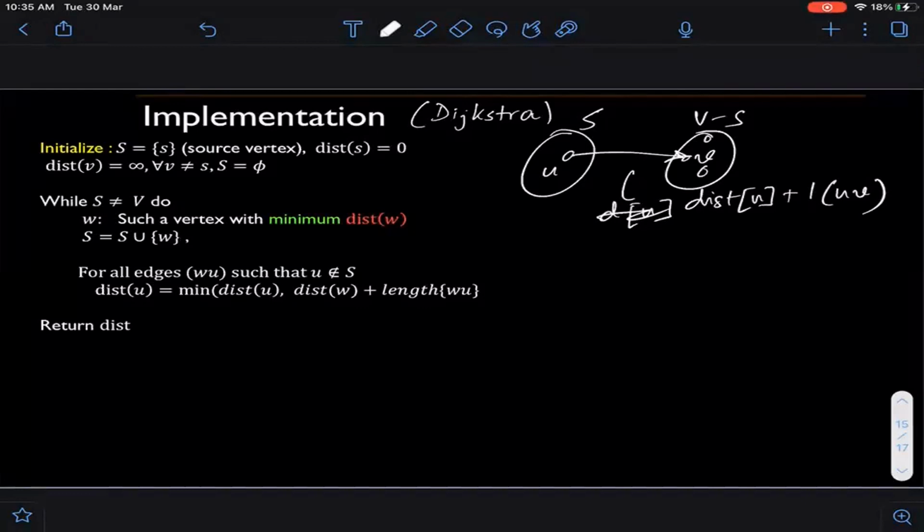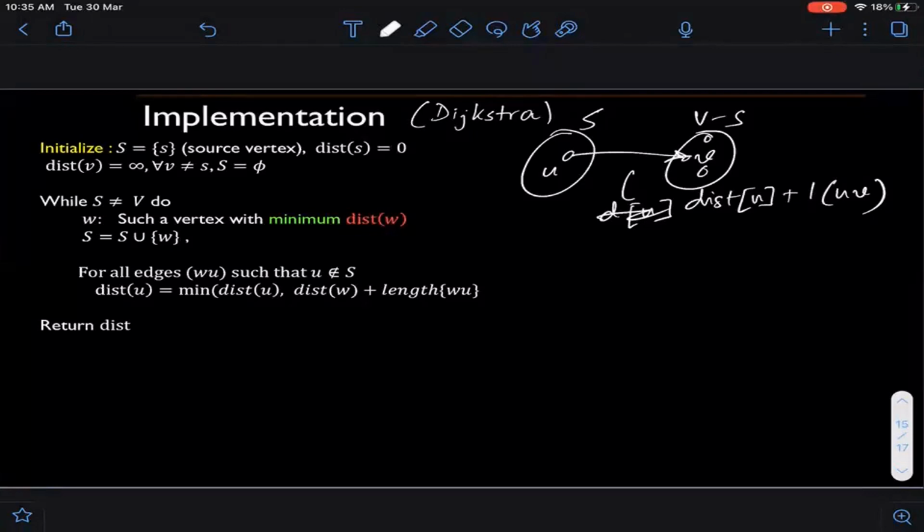Okay, but now let's talk about how to implement this algorithm. I need a fast implementation of this algorithm, and it would be in very similar spirit to the way we had done a faster implementation of Prim's algorithm.